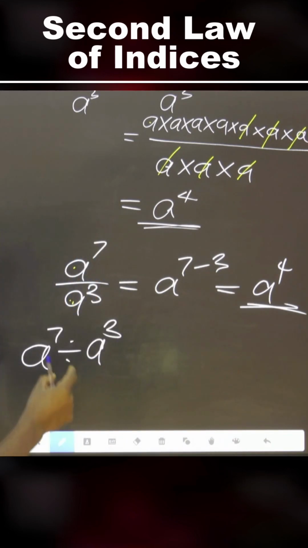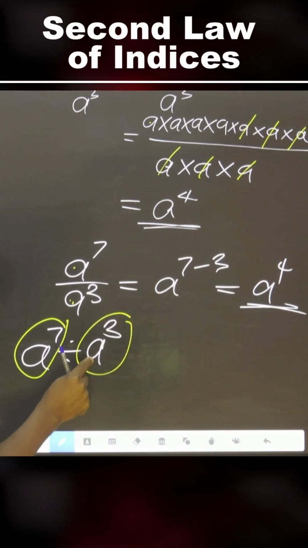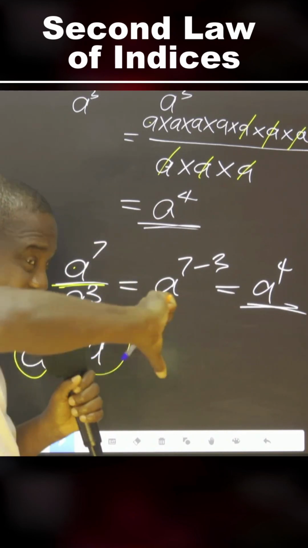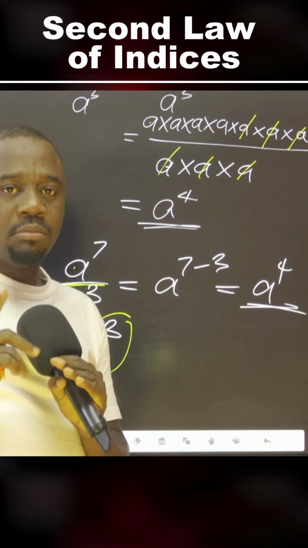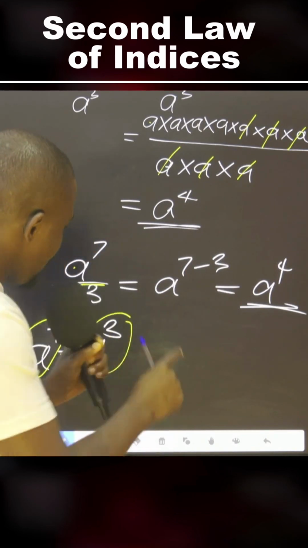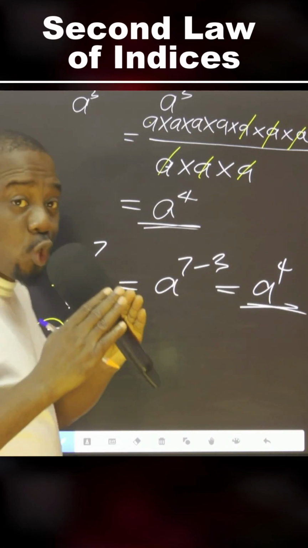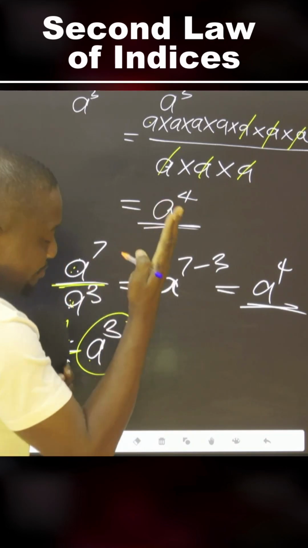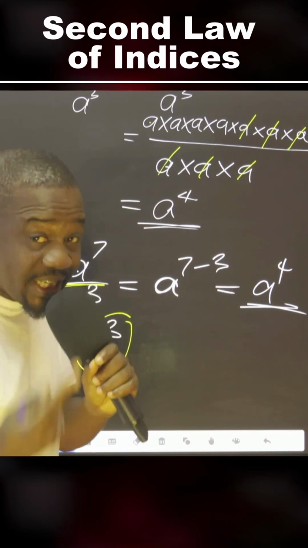So the law is saying, if there is something like this, with the same base like this, and there is division separating them, if you want to make it 1, use minus for these guys. What are we saying? This family and this family, they want to come together. Use one of them to carry them, because this guy is carrying 7, a is carrying 3.